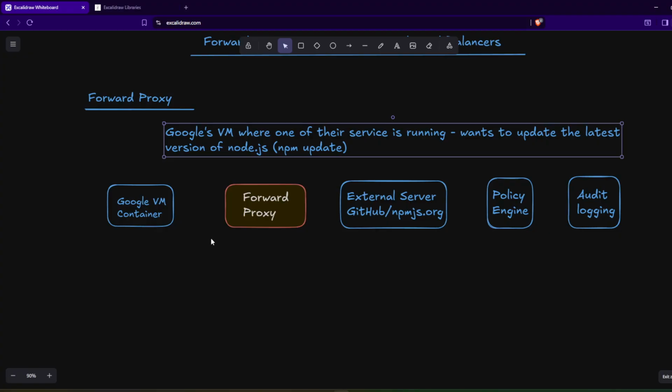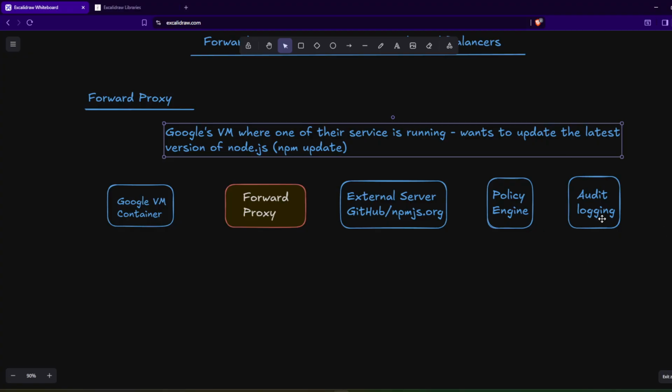Suppose Google needs to know what it is trying to download and whether it is really allowed or not. Suppose from the Google server, somehow a malicious script got injected there, and it starts downloading something very fishy sort of software. Then the policy engine probably will catch that.